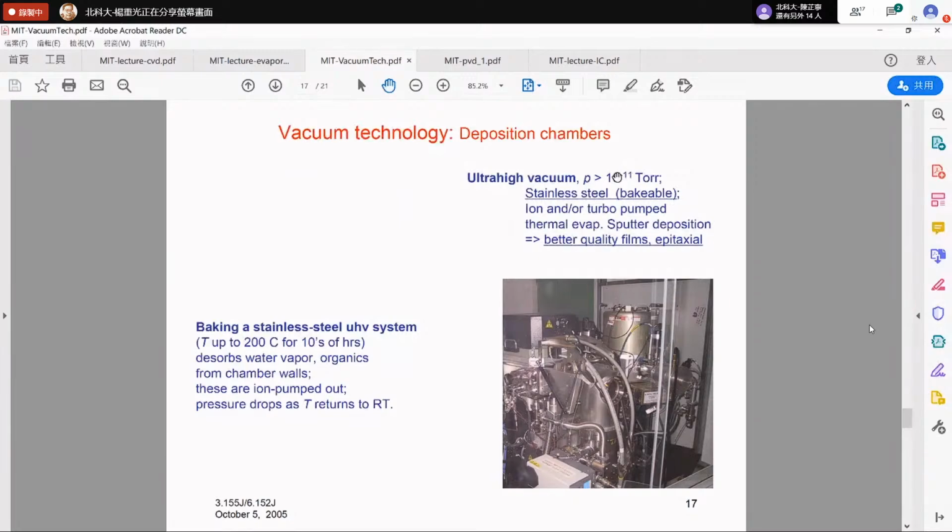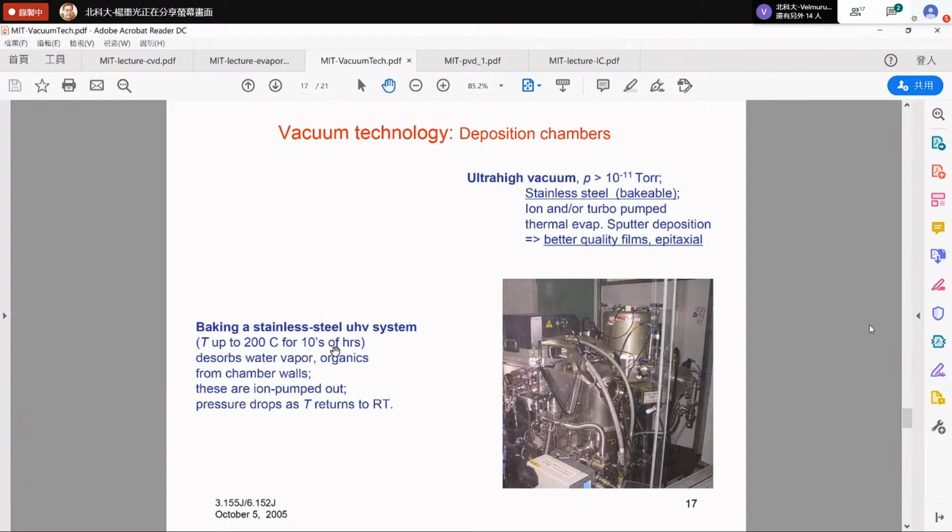So normally, if you want to go down to ultra high vacuum, then in most cases you need to bake a stainless steel ultra high vacuum system at 200 degrees C for hours.